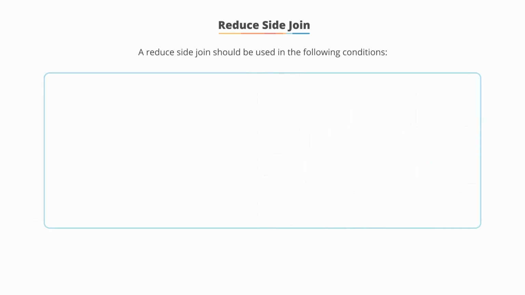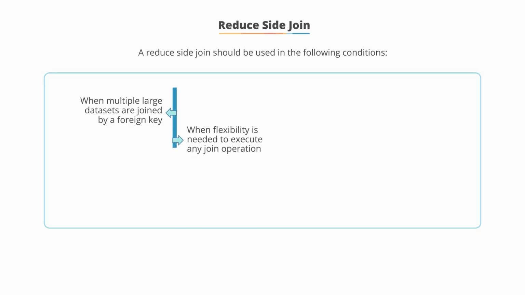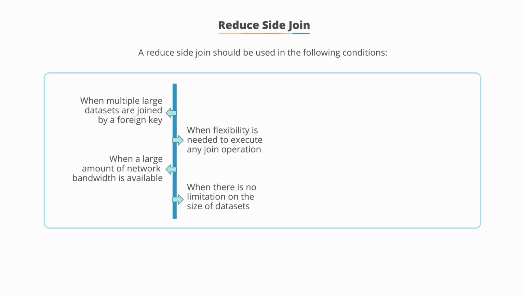A reduce-side join should be used in the following conditions: when multiple large datasets are being joined by a foreign key, or when flexibility is needed to execute any join operation, or when a large amount of network bandwidth is available as we'll be moving data across the network, and also when there is no limitation on the size of datasets.